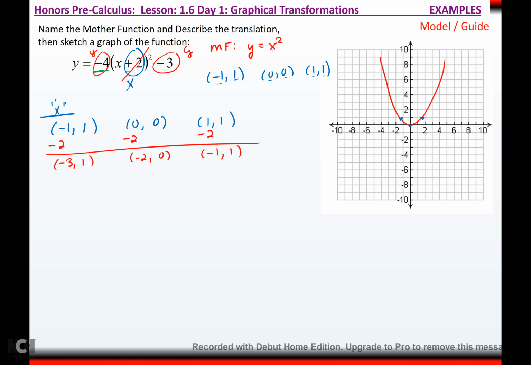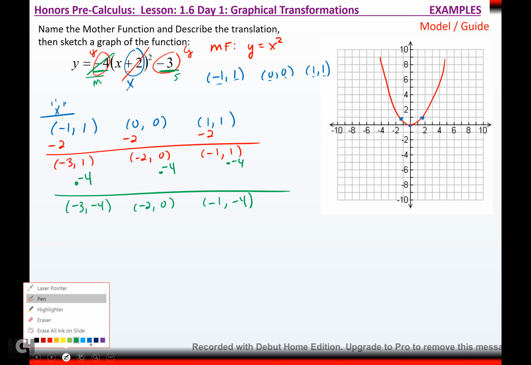When you have more than one, order matters. This is multiplication, this is subtraction. For y, you do PEMDAS order, so I'm multiplying first. I'm going to multiply my y's by -4. That gives me -3, -4, -2, 0, -1, -4. That's done, but I still need to do the -3.